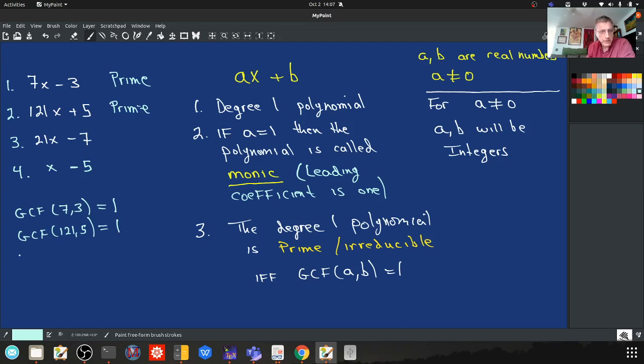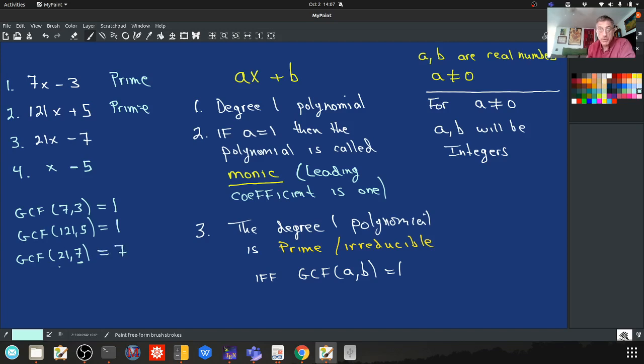Let's look at the GCF of 21 and 7. Remember, the GCF of two numbers is always greater than or equal to 1, and less than or equal to the smallest of the two numbers. It's equal to the smallest of the two numbers if the smaller of the two evenly divides the larger. And 21 divided by 7 is equal to 3, so the GCF is equal to 7.